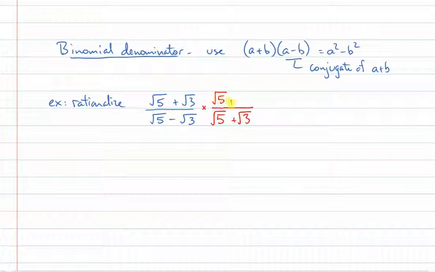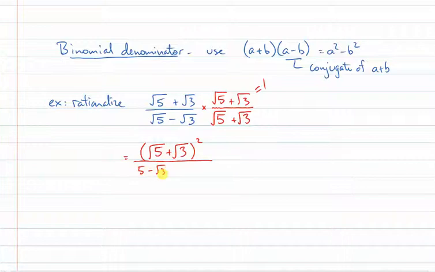Okay, so this is what I'm going to want to multiply by, but I need to multiply by this value on the numerator as well, because again, this fraction now equals 1. All right, so I've got 2 terms times 2 terms on the top. I've got root 5 plus root 3 numerator all squared. Notice how they're identical in this case. On the bottom, I've got a root 5 minus root 3 and a root 5 plus root 3.